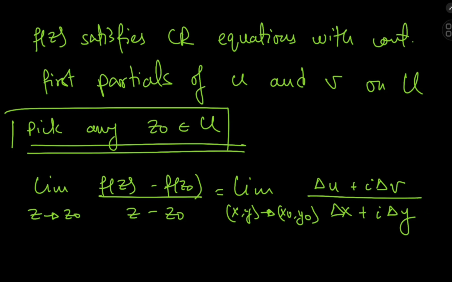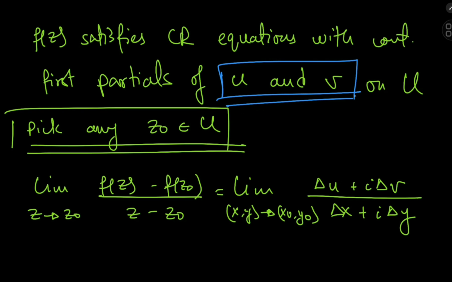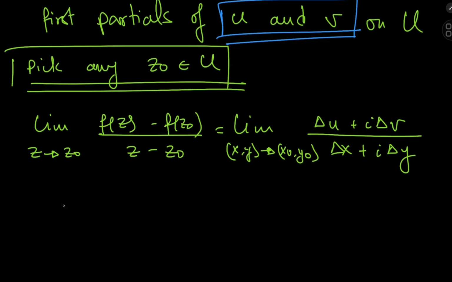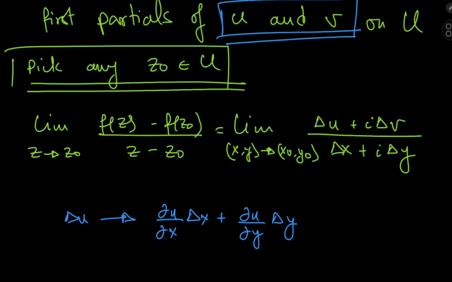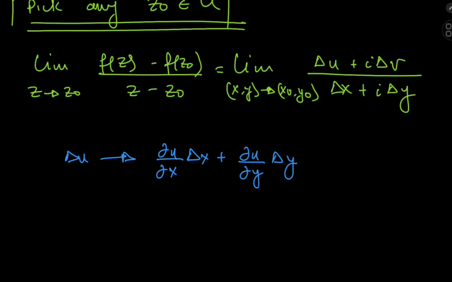Okay, now we assumed that u and v have continuous first order partial derivatives. So that means del u approaches partial u by partial x del x plus partial u by partial y del y, and a similar relation for del v.